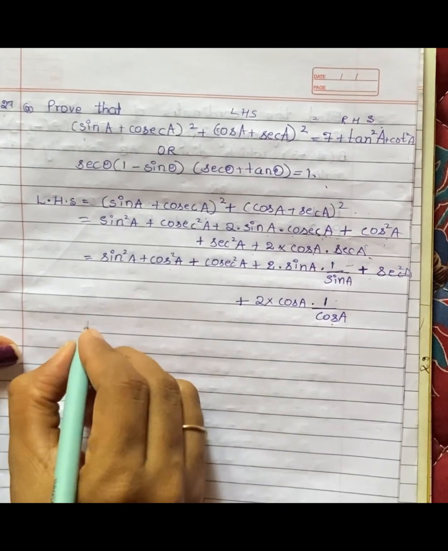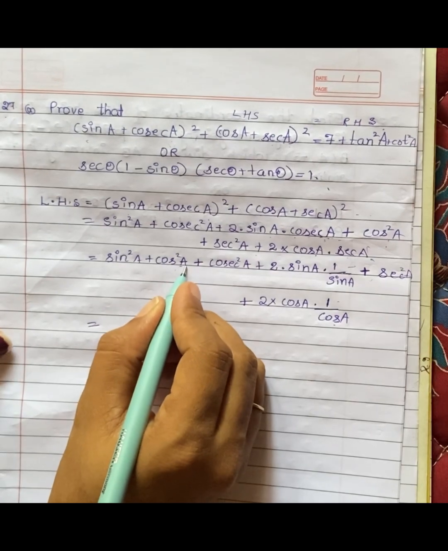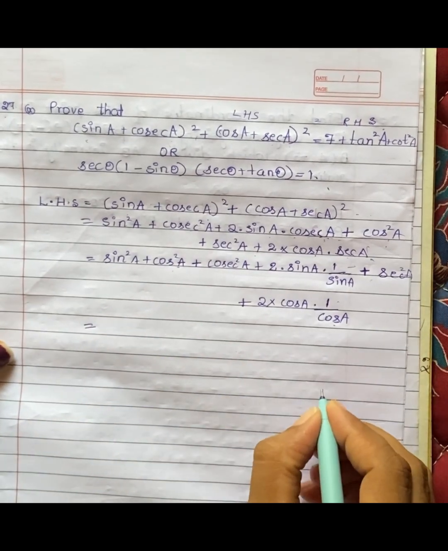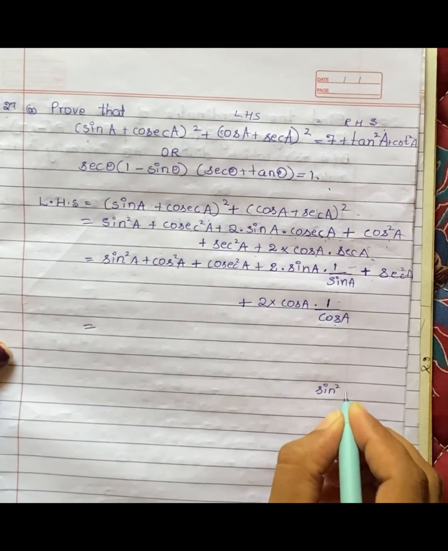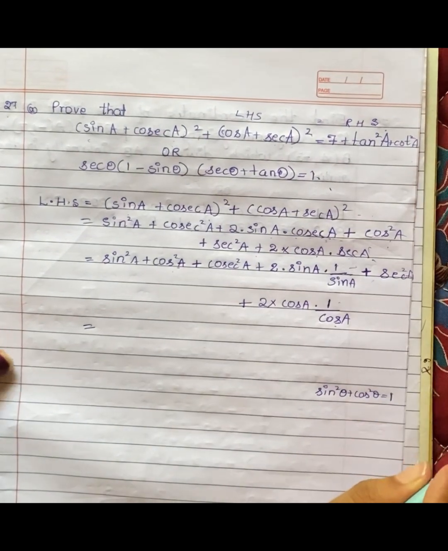So now I'll just simplify. Sin squared A plus cos squared A. We have one formula, that is sin squared theta plus cos squared theta is equal to 1.